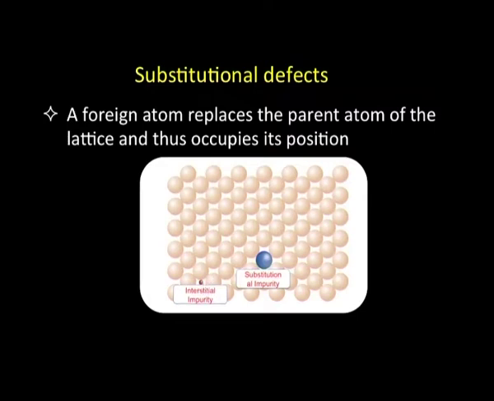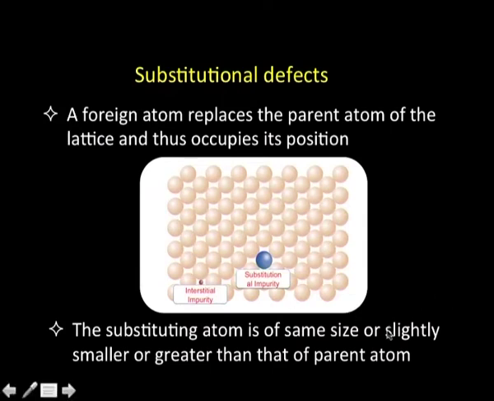Okay. Now, the substituting atom is of the same size or slightly smaller or greater than that of the parent atom. Depending on that, it can either replace the atom, or it can occupy an interstitial site, and accordingly it will lead to some kind of a distortion in the lattice.